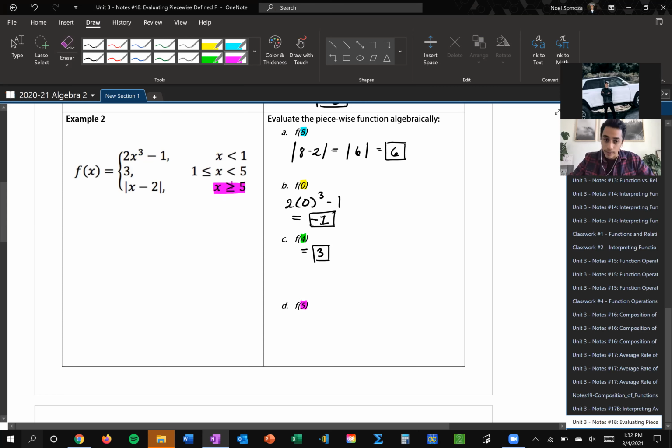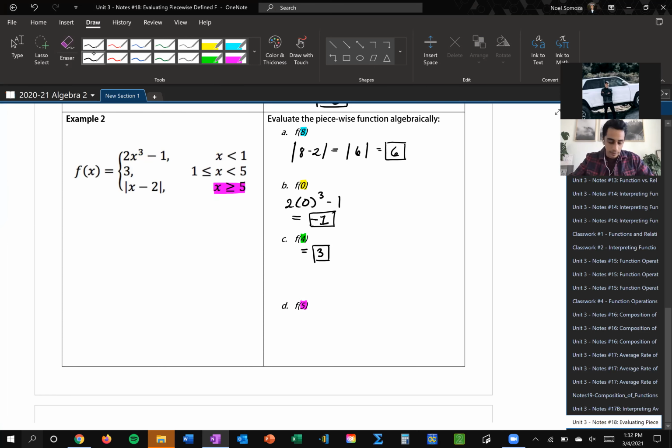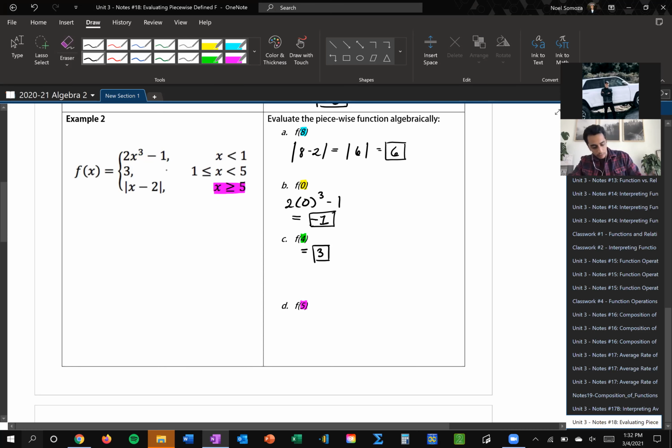But in the third domain, 5 is greater than or equal to 5, right? There's the equal sign that we're going to follow. So we're going to use the third function then, the absolute value of x minus 2. So we end up with the absolute value of 5 minus 2, which is the absolute value of 3, which is just 3.